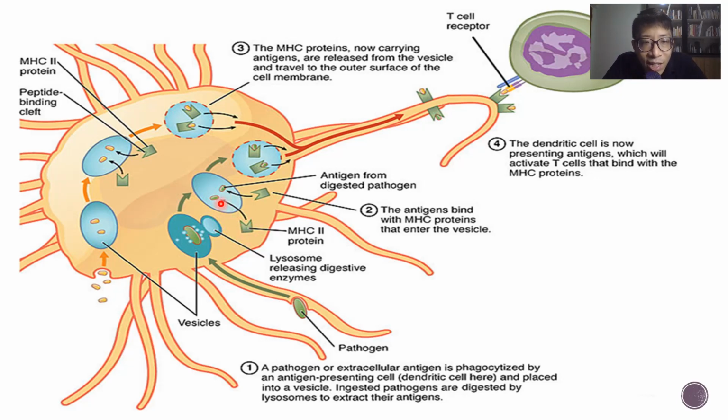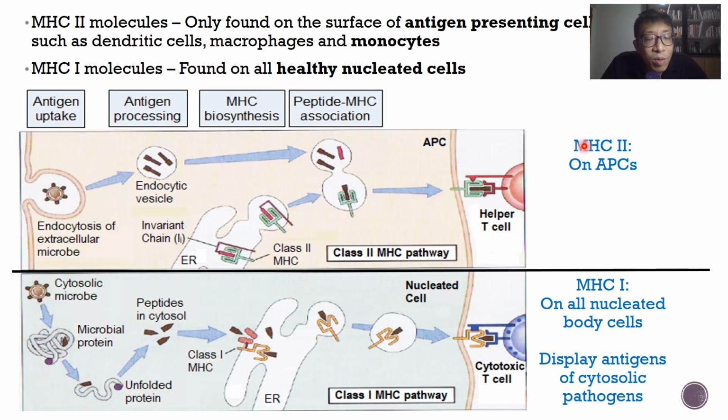The fragment of the antigen would then bind to the MHC class 2 protein to form this complex, which is then inserted onto the cell surface membrane to be presented to the naive helper T cell here. I hope that was clear.